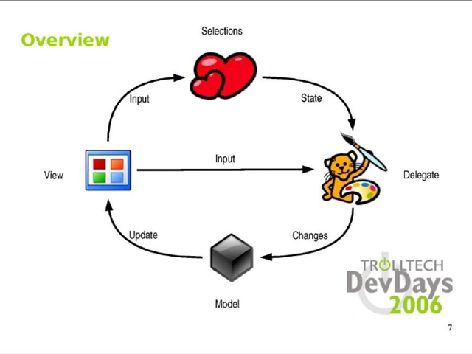And finally, we have the delegate, the happy little guy with the paintbrush. This is the part that's responsible for painting each individual item and also editing each individual item. So if you want things like custom items or custom drawing of items, you will implement your own custom delegate.